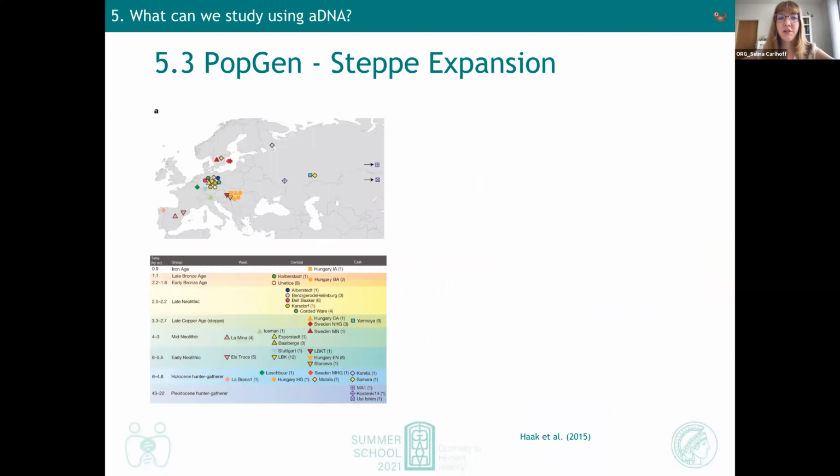But if we move further into the not so long ago past, one of the big studies that also had a huge media impact was the study by Wolfgang Haak et al. in 2015, investigating the Steppe expansion.